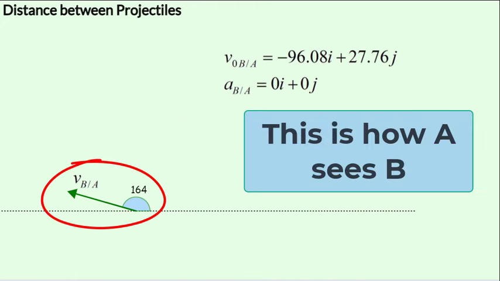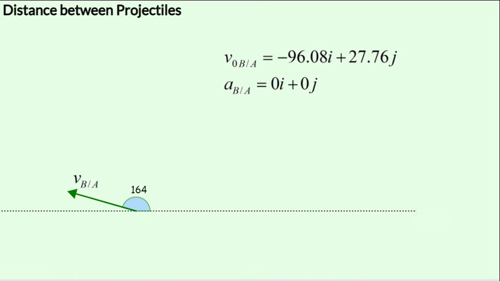And A would see B moving along a straight line and moving away at all times. So this is from A's frame of reference.